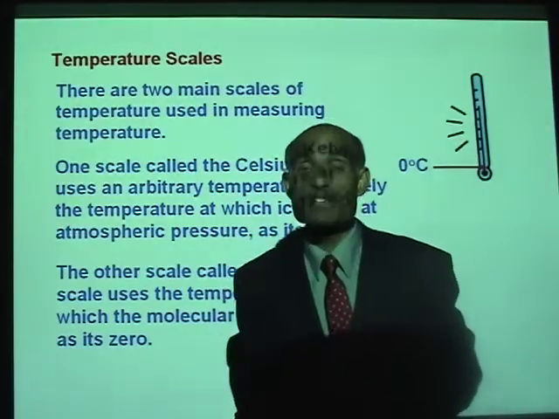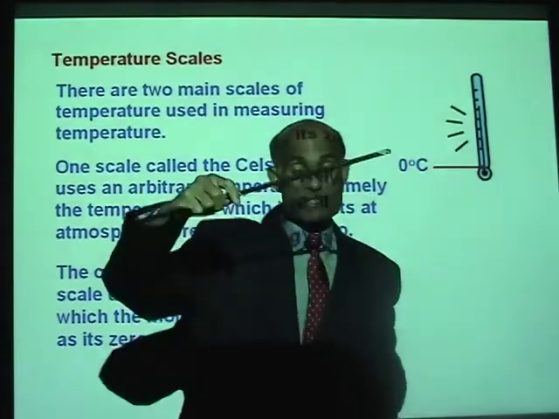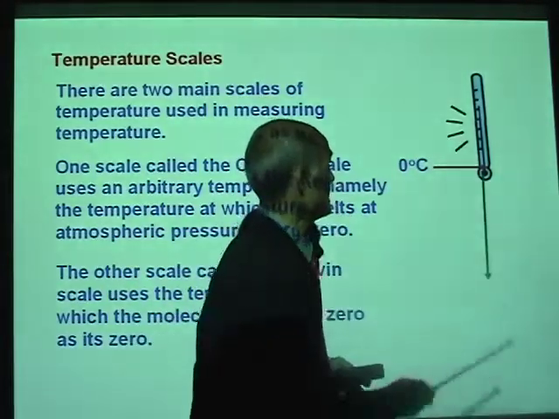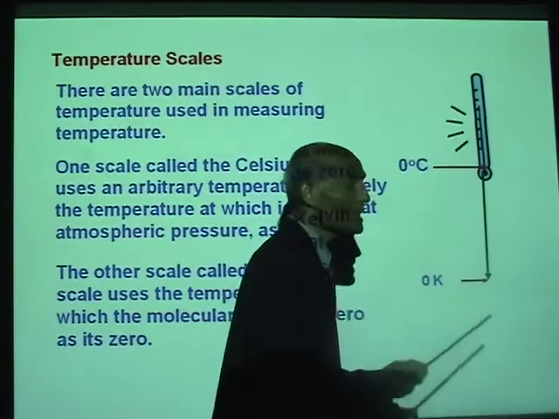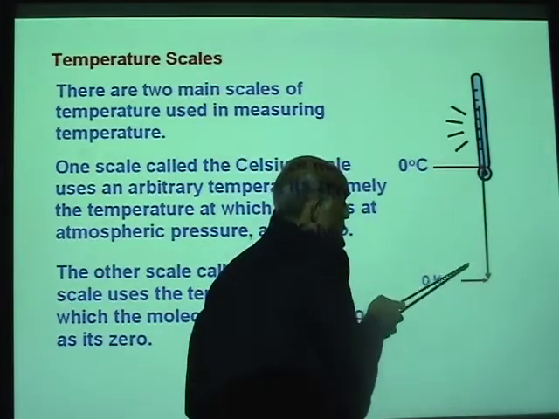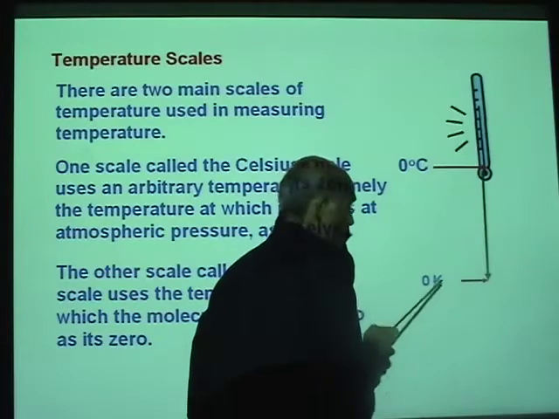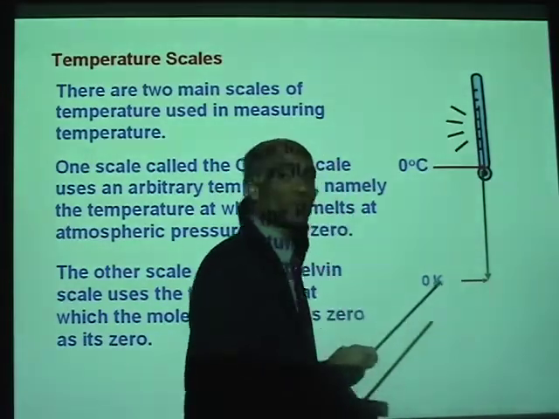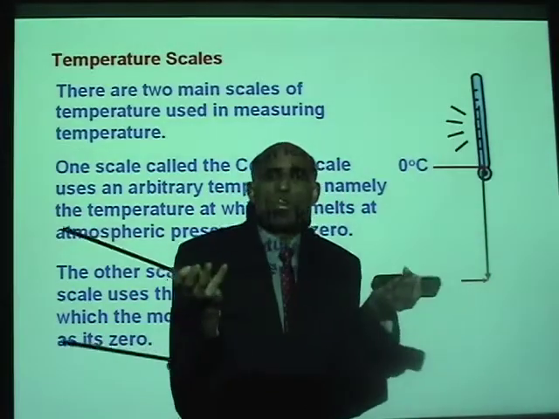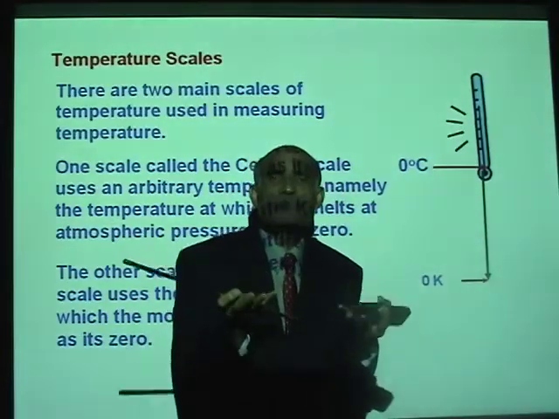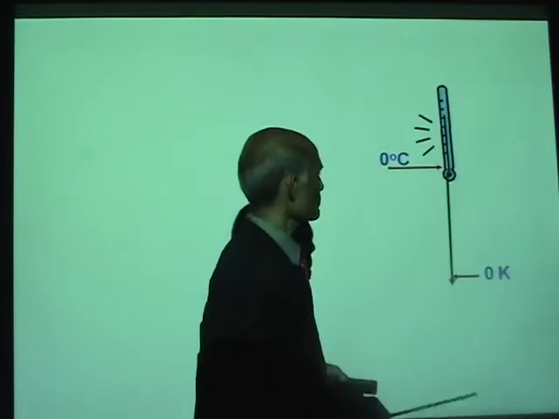It's a very difficult state to reach, and it is a very low temperature, and you've got to go down to almost negative 273 degrees Celsius, and that is 0 Kelvin. So 0 Kelvin is the temperature at which molecular energies are absolutely 0.